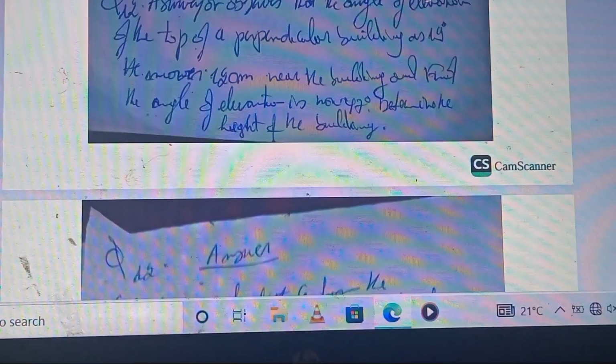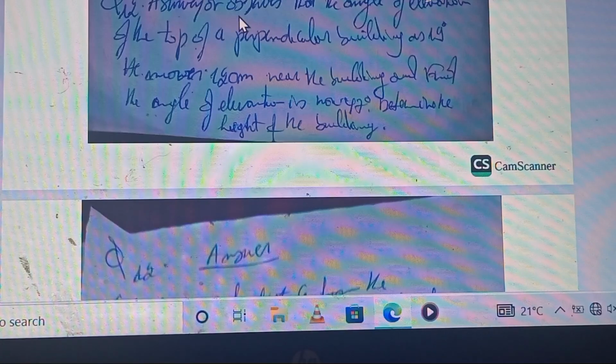Okay. Question number 12. The surveyor observed that the angle of elevation of the top of a perpendicular building is 19 degrees. Try to understand that question. He moved 120 meters nearer to the building and finds the angle of elevation is now 47 degrees.